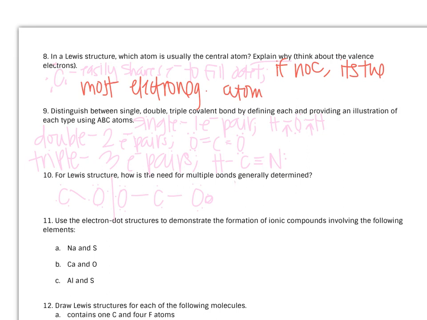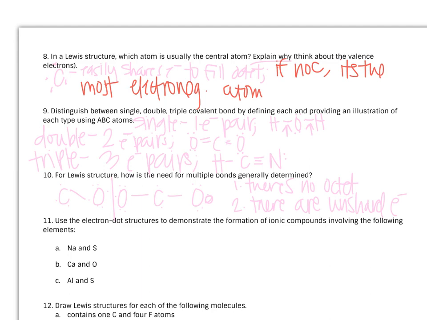So there are 2 things. The main one being there's no octet on the atom, and 2, there are unshared electrons. Okay.